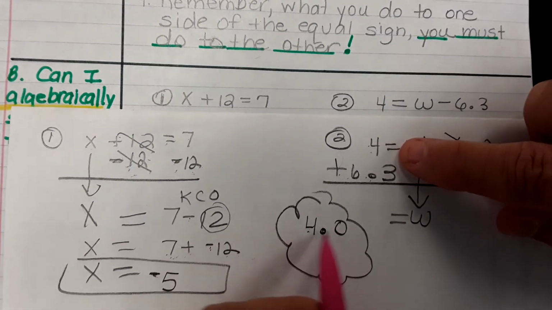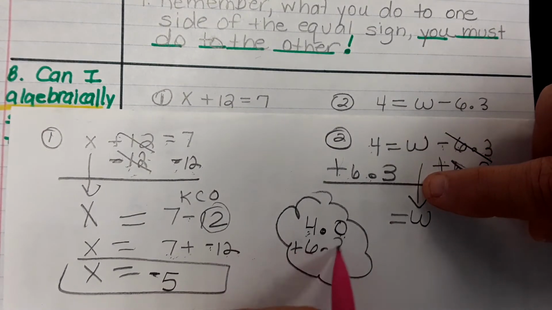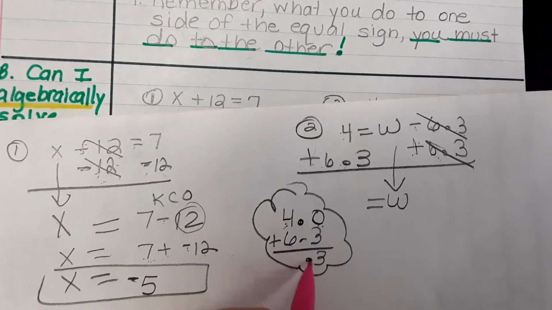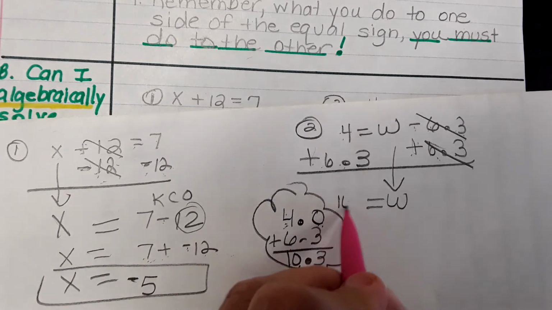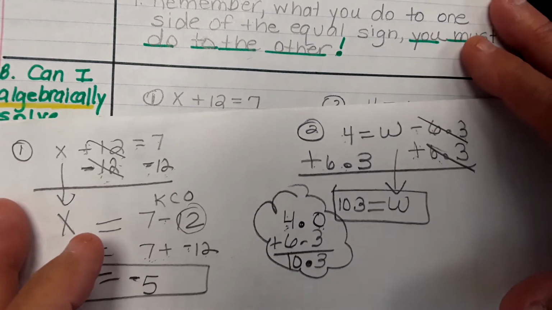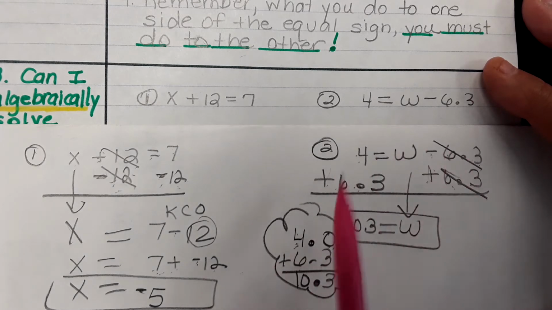For my whole number 4, I'm going to write 4.0, then plus 6.3. If I add correctly, I'm going to get the decimal points straight down. 4 plus 6 is 10. So W is equal to 10.3. All right, and again, the algebraic process is shown right here.